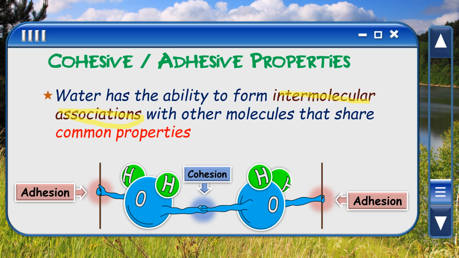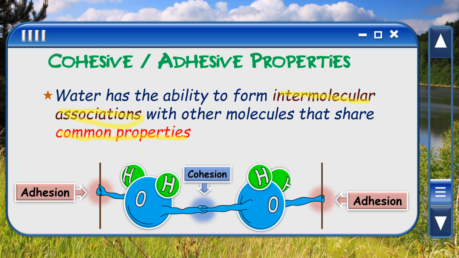Water molecules can form hydrogen bonds with water molecules, or they can also form intermolecular associations with other molecules which are not water, but which share a common property or common properties.